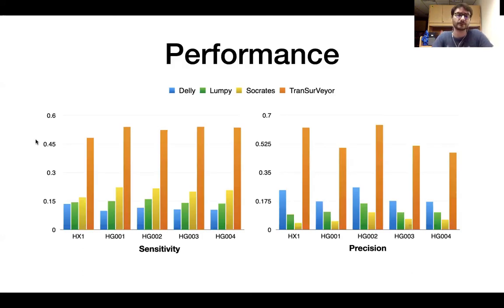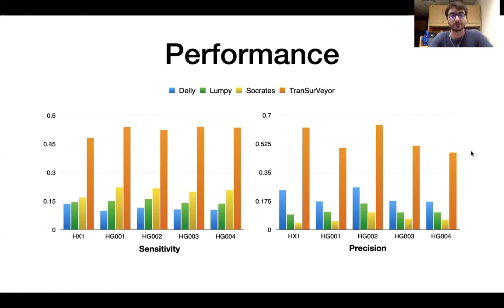And you can see that just by using this trick, we can improve the performance of TransposonCOLI by a substantial amount. So our sensitivity is much better than the other tools, is more than double. And we predict actually more than half of the existing events. And the same is true for precision.